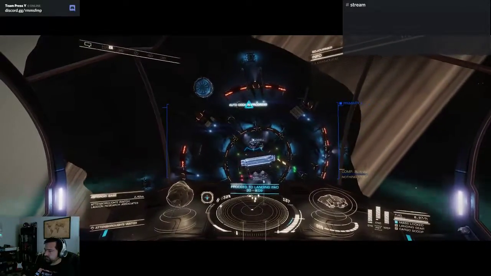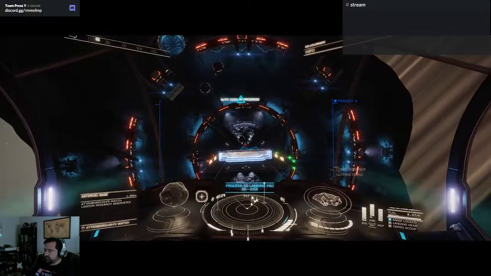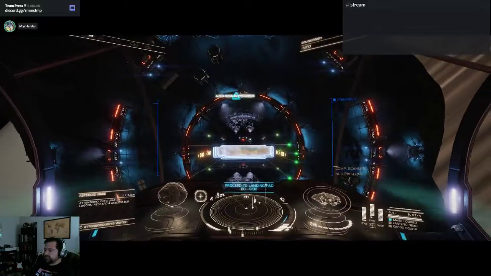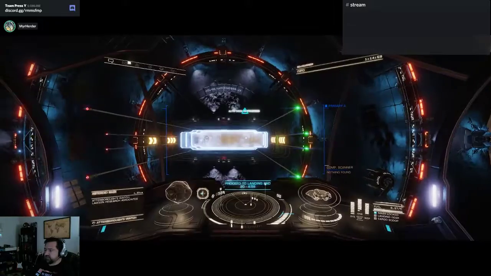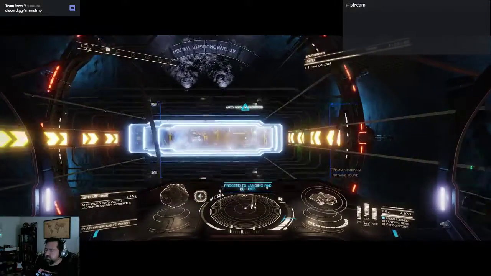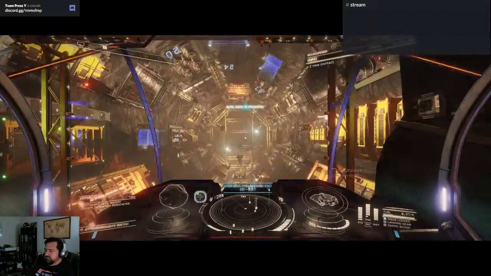So there you can see the station. The really cool part about it is that it's just the surface; the bulk of the station is in the asteroid. So we line up with the mail slot.